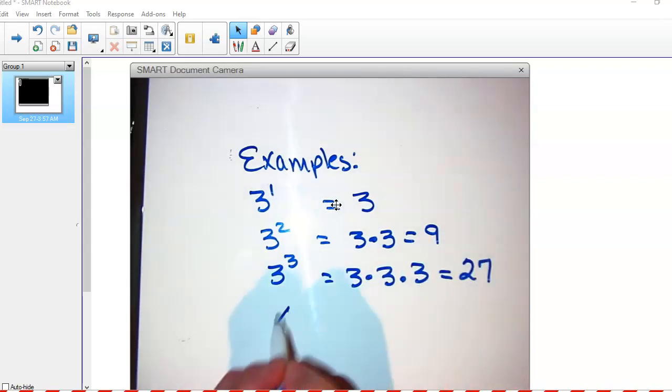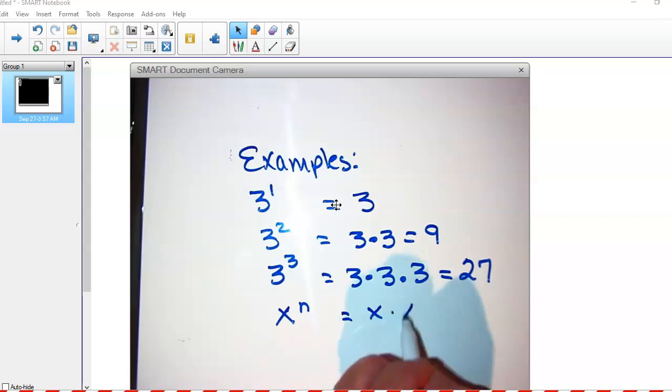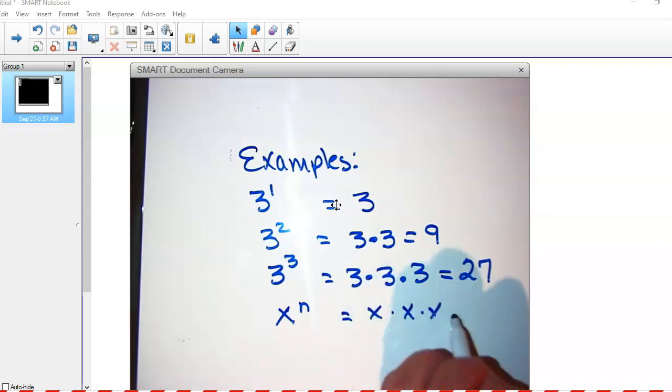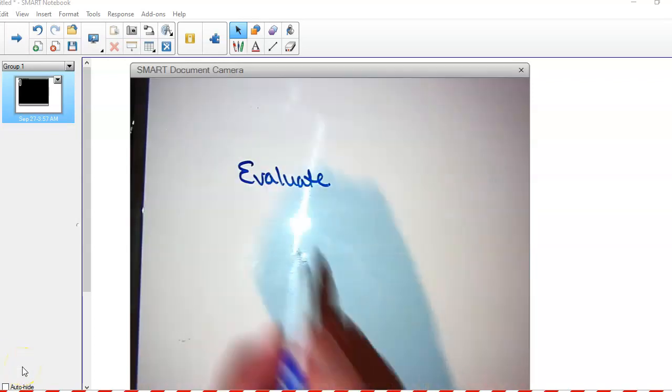If I have x to the n, we say x to the nth power, and this one's represented by x times x, and so on, times x. Okay, so now we're going to evaluate.